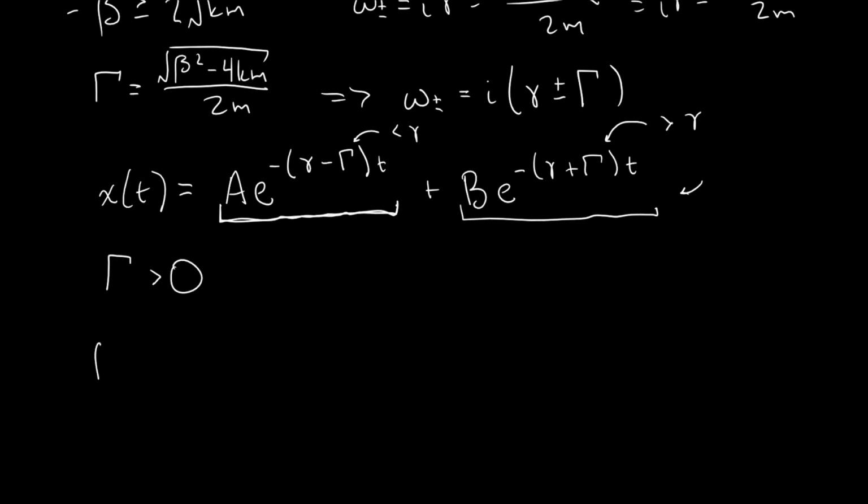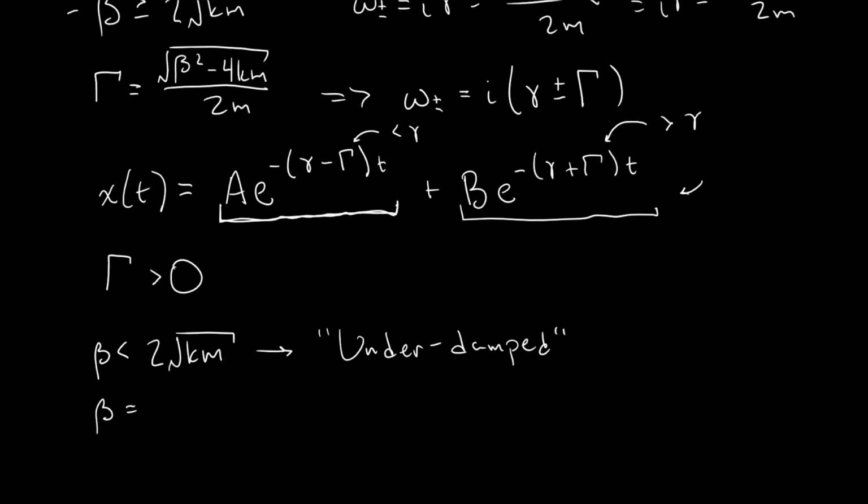So the three cases that we've talked about all have names. Beta less than 2 square root of km is known as underdamped, because you have these oscillations that are eventually killed off, but you're still bouncing back and forth, so you're not damping things out enough. There's the case where beta equals 2 square root of km.